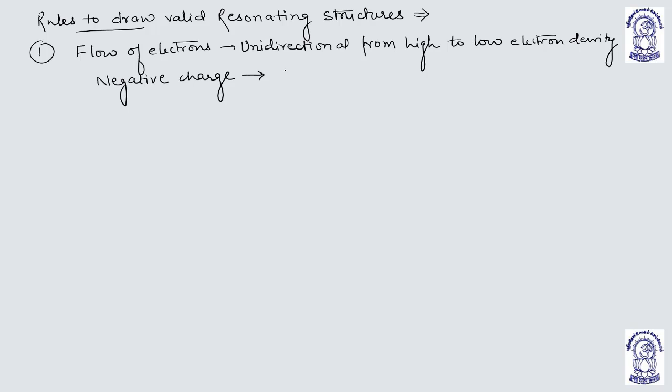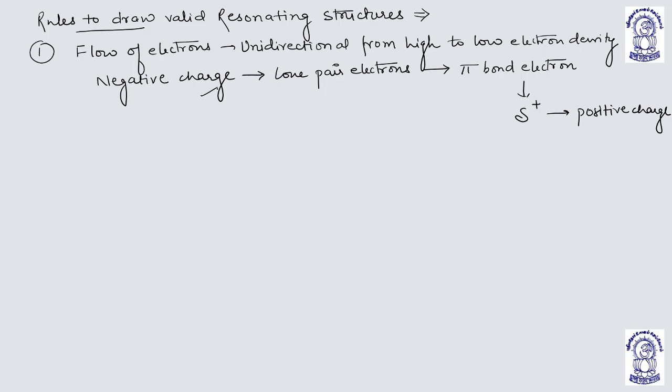Negative charge to lone pair electrons to pi bond electron to partial positive charge and then to positive charge, because partial positive charge is weaker in intensity than positive charge. The movement should be from negative charge to lone pair, from lone pair to pi bond, to weak partial positive, and then to positive.